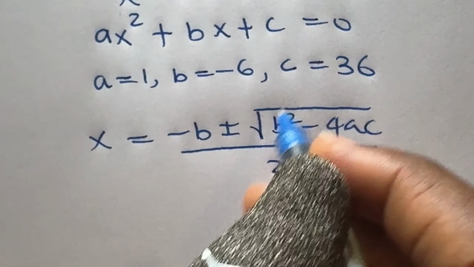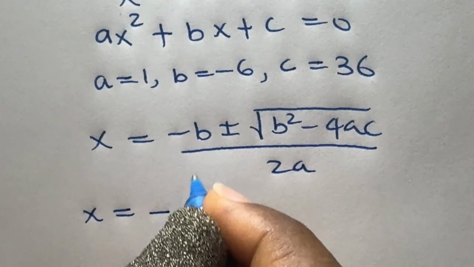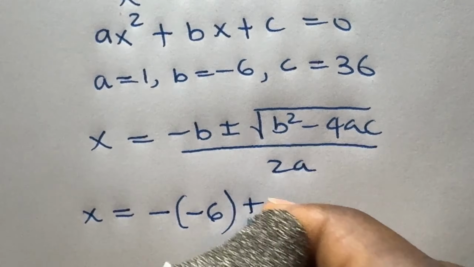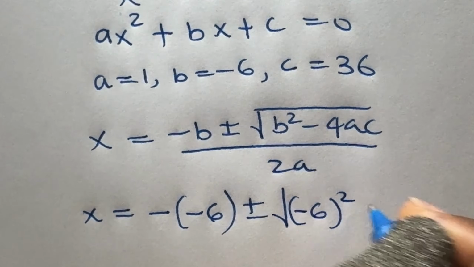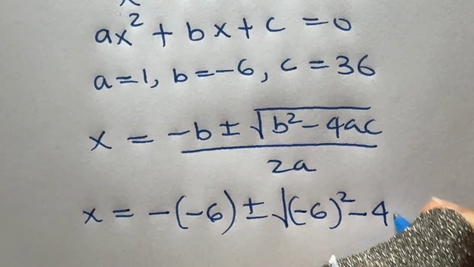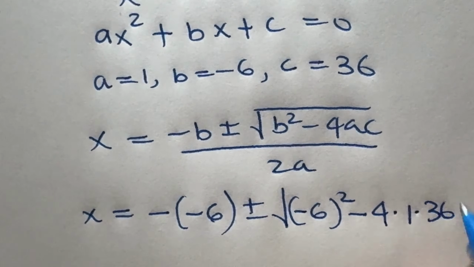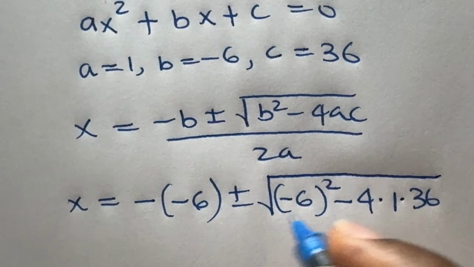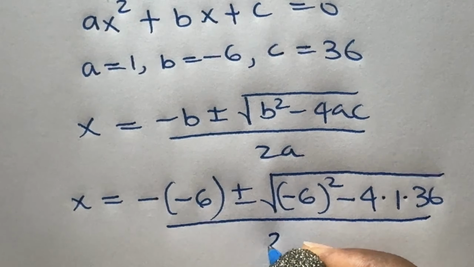I'll put in each of these values, giving me x is equal to minus 6 plus or minus the square root of 6 squared minus 4 times 1 times 36, then divided by 2, because this is 2 times 1.